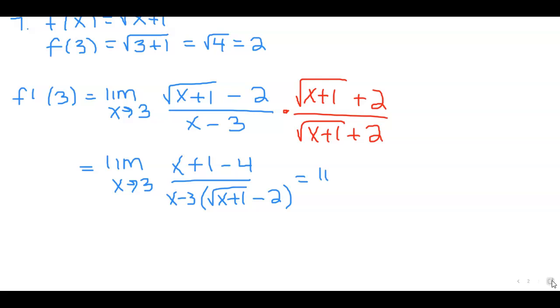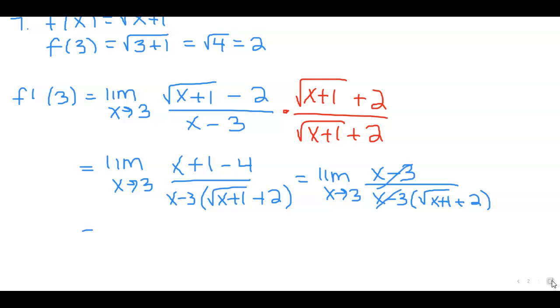So then that becomes the limit as x approaches 3 of x minus 3 all over x minus 3 times the square root of x plus 1 plus 2. So your x minus 3's cancel. And we get the limit as x approaches 3 of 1 over the square root of x plus 1 plus 2.